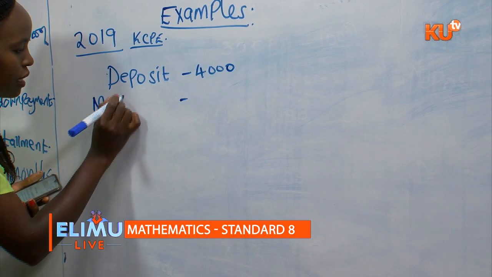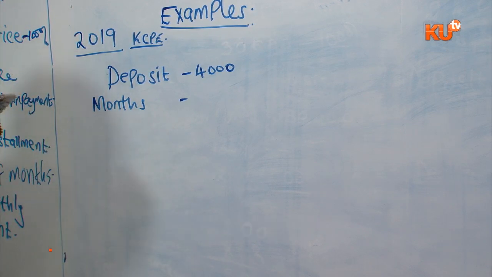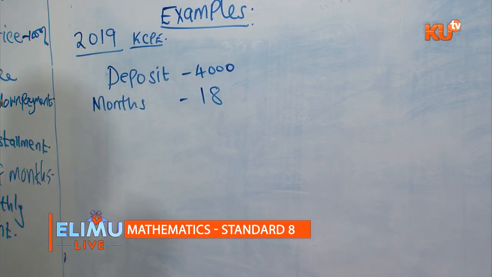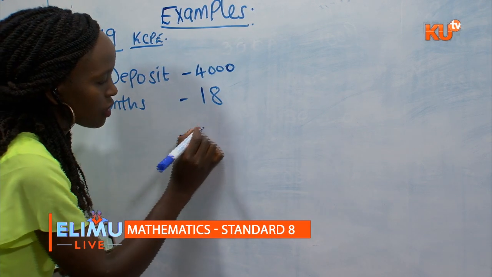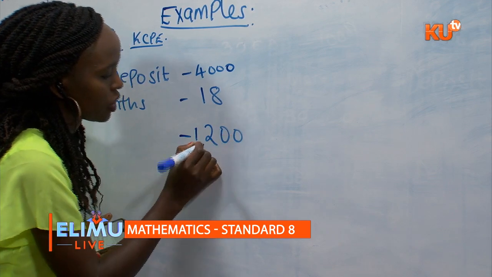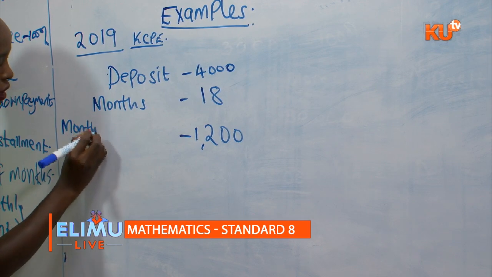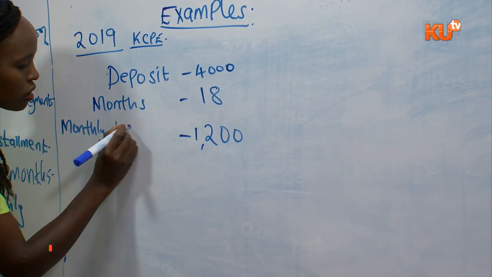So we have the number of months. The number of months was 18, and then the installment was 1,200 each. So this was the monthly installment.